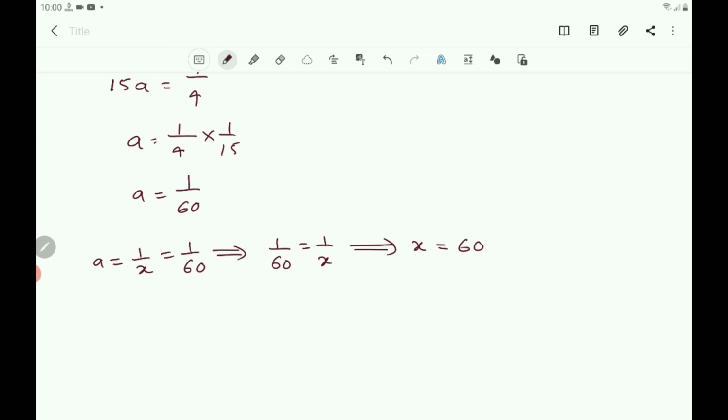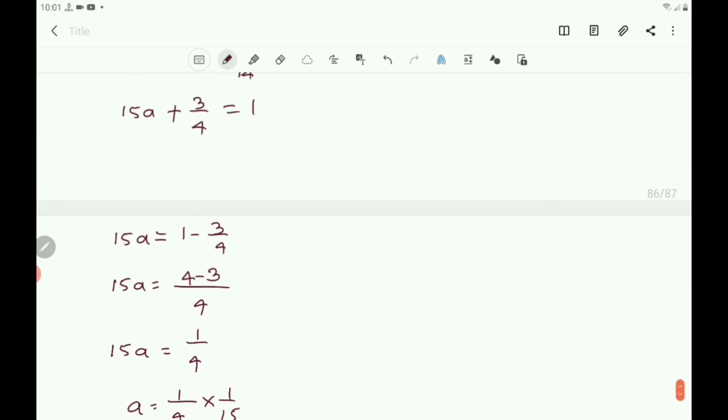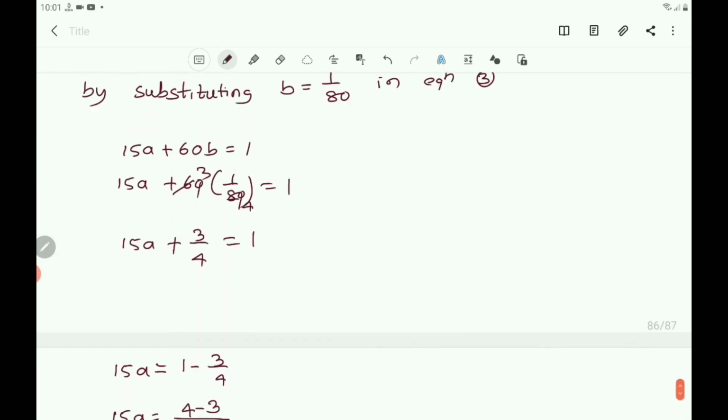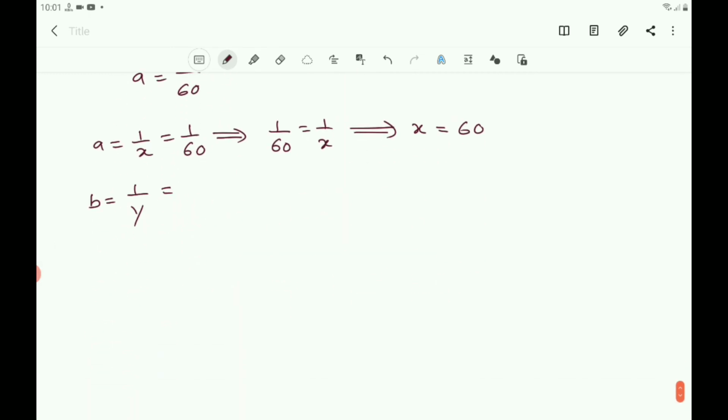Then you take b equals 1 by y, that equals 1 by 80. That implies 1 by 80 equals 1 by y, so y equals 80. Here x is the speed of the train and y is the speed of the bus.